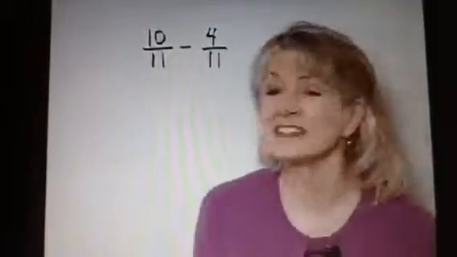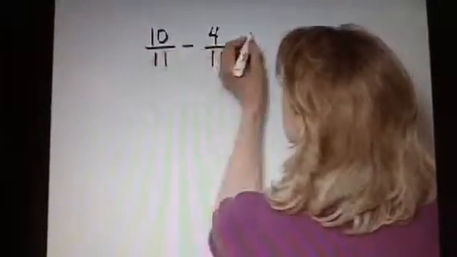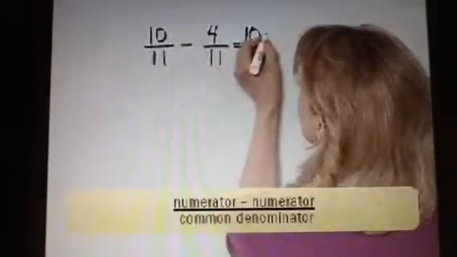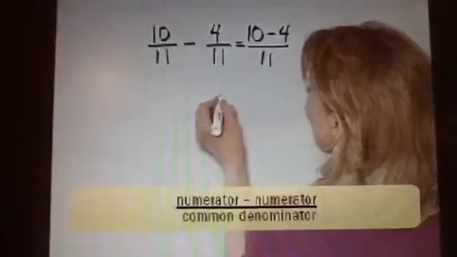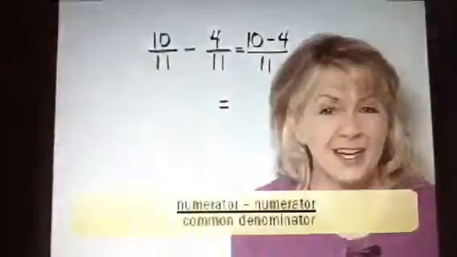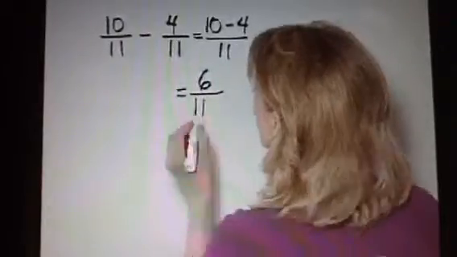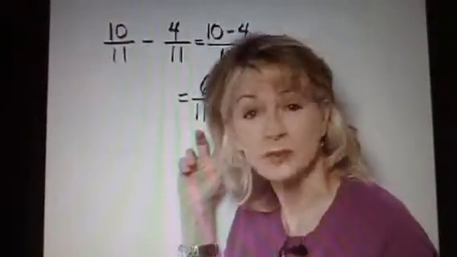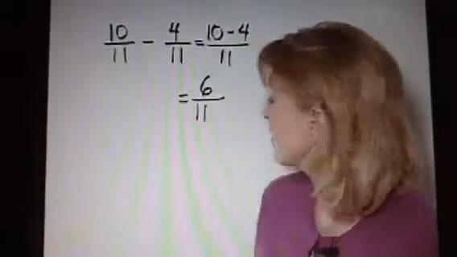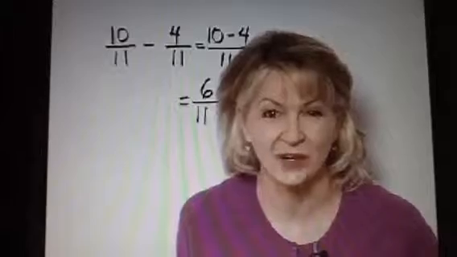It just so happens that the denominators are the same. So that is numerator, in this case minus numerator, all over a common denominator. 10 minus 4 is 6. And I have 6 over 11. Is this in simplest form? The answer is yes. 6 and 11 have no common factors other than 1 or -1.